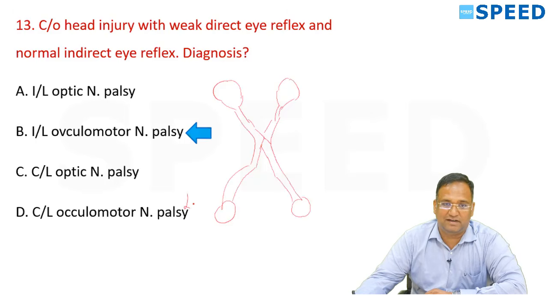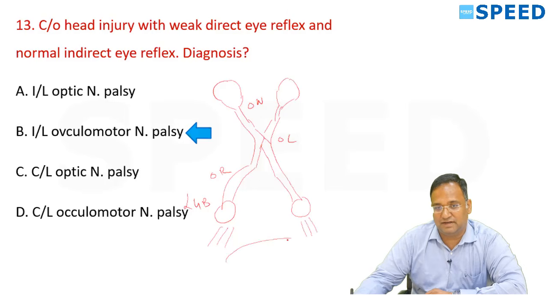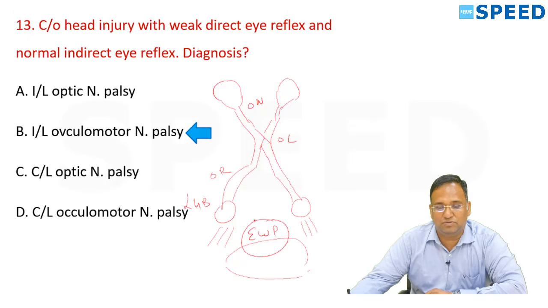Lateral geniculate body, optic nerve, optic chiasma and optic radiation, correct? This is the pathway, and this goes to the occipital lobe. And from there, the circuits go to the Edinger-Westphal nucleus, and it goes through the oculomotor nerve, correct? That is what we have read.